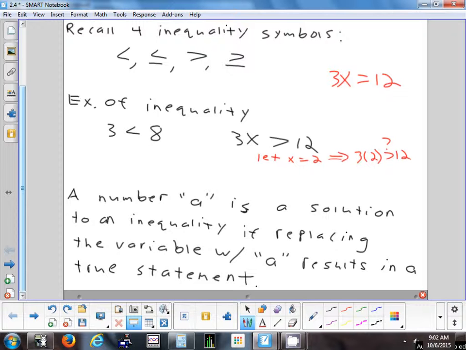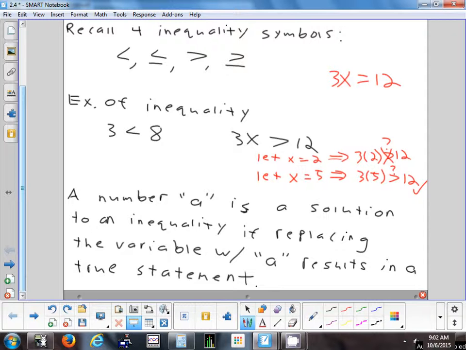No. So 2 is not a solution to this problem. Not true. Let's let x equal 5. Now I get 3 times 5 is greater than 12. Is that true? Yeah. So 5 is one of the solutions to this problem. That's how you check if a number is a solution.